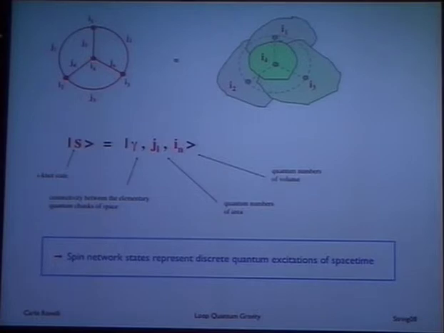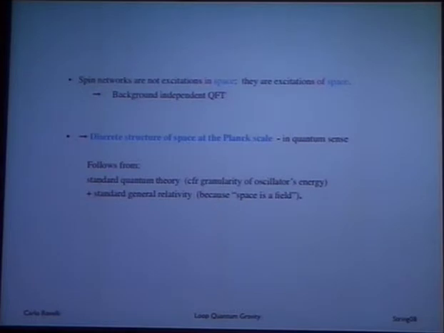These abstract graphs can be interpreted as a quantization of space, quantum excitations of space, where each node is a quantum of space. The graph gives the connectivity, who is next to whom. The intertwiners are the quantum numbers of the volume, and the spins are the quantum numbers of the area. So these are not excitations in space. Notice that there's no position, momentum, energy, nothing like that here.